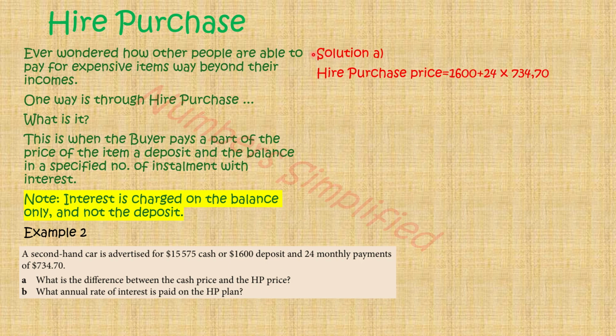Now, the solution. The hire purchase price, we know that it would be the sum of the deposit and the total of the installments. The deposit is $1,600 plus each installment of $734.70 times the 24 months that the buyer would have to pay off this balance.